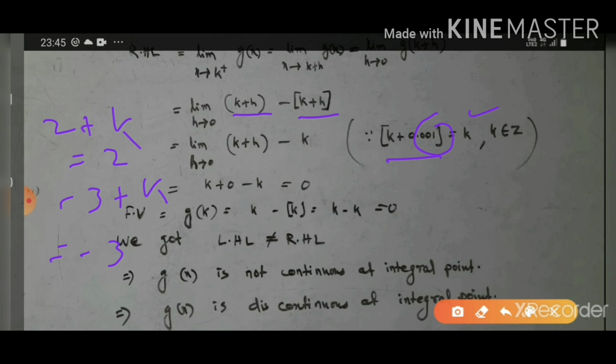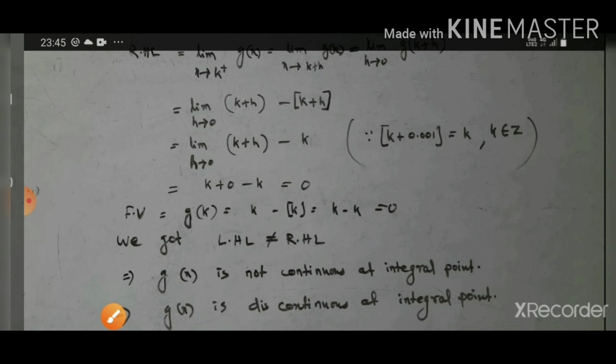So the greatest integer of k plus h will be k. Then k plus h minus k: substitute h as 0, so k plus 0 minus k, k cancels, and that is 0.